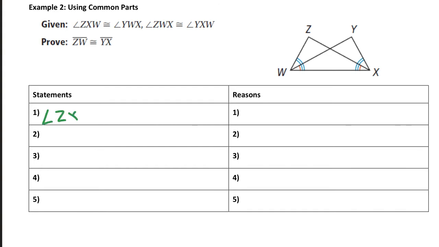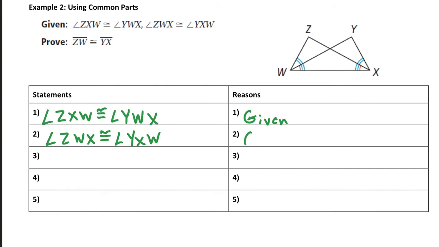Angle ZXW is congruent to angle YWX, because that's given. Also, angle ZWX is congruent to angle YXW, also because that is given.